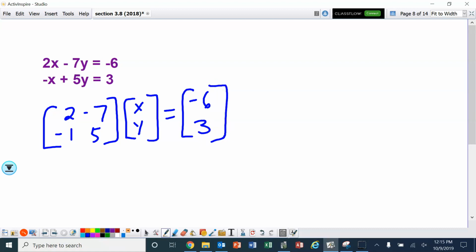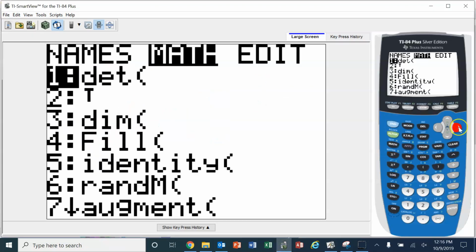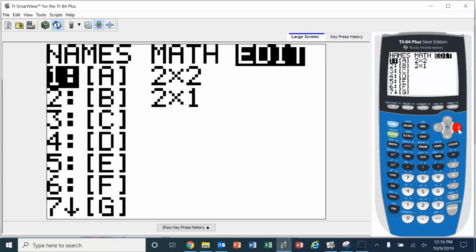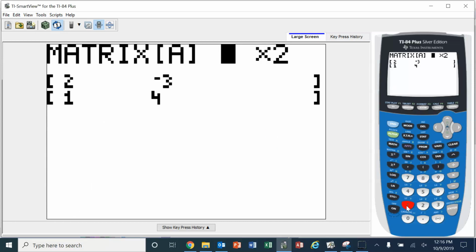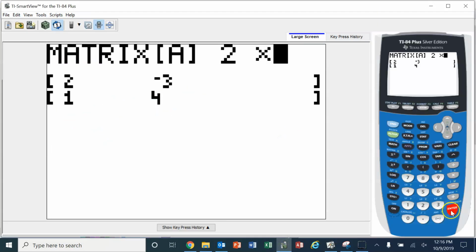All right, so let's put the numbers in our matrix. So that means we've got to start over. So again, we need to put in 2, -7. Okay, 2 by 2.